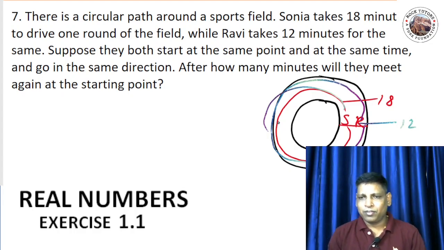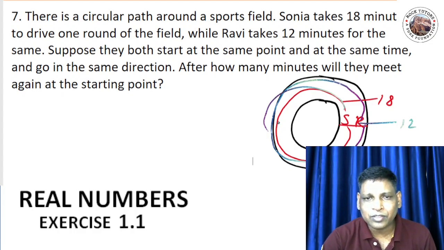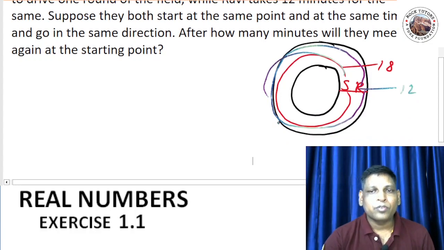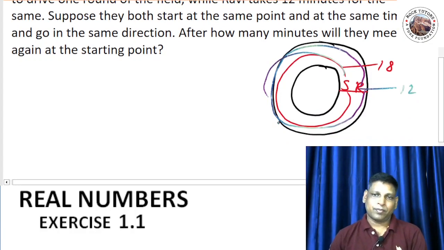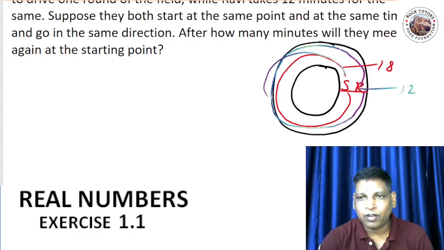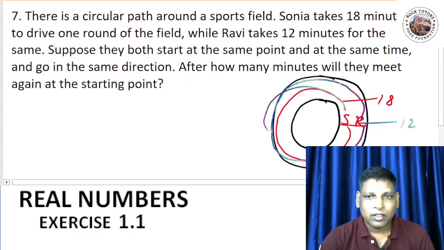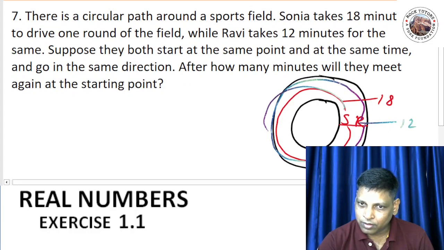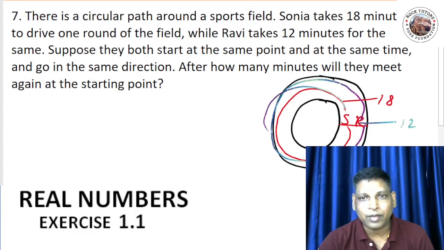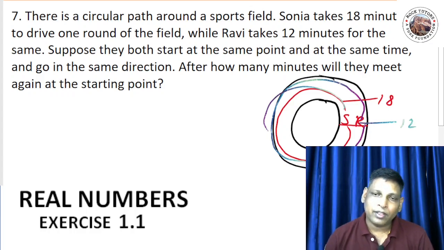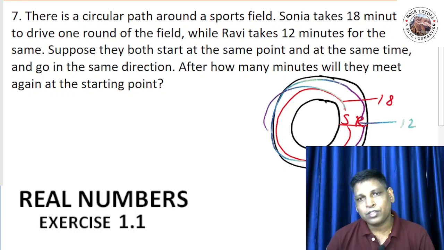Such questions we solve by finding the LCM. When both are running on the track and after some time they meet at the same point, we solve this by taking the LCM of these two timings.